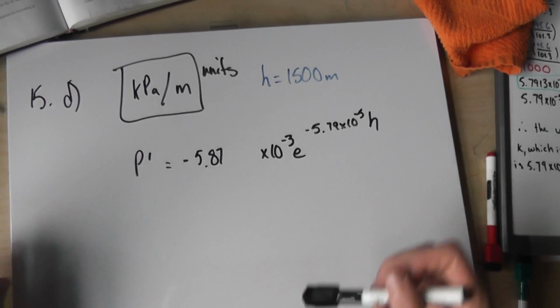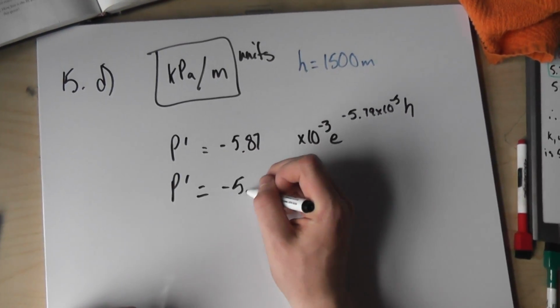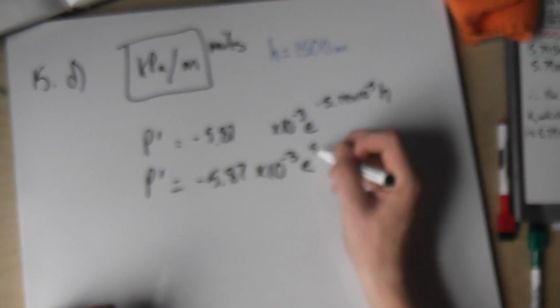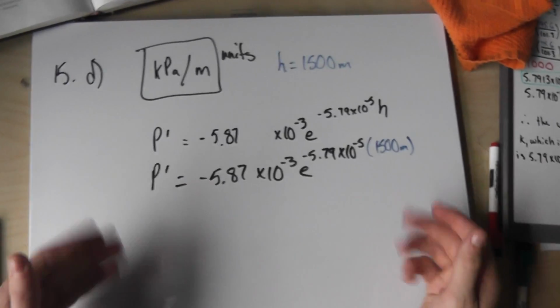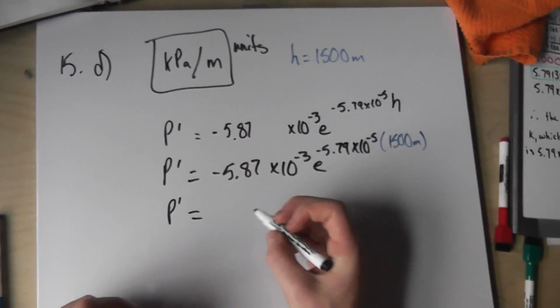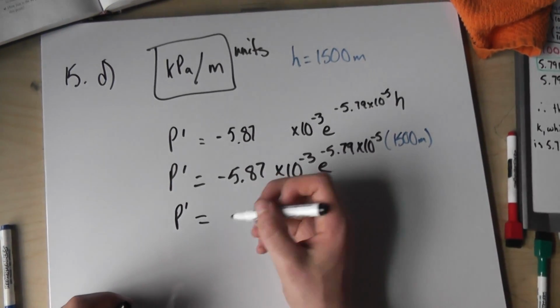Now we can sub in our values. So we're going to go ahead and do that. Now we can plug this into our calculator and get the rate of change of the barometric pressure with respect to altitude.